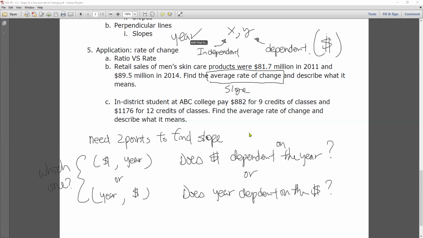So we're going to be looking at the points using this format. Okay, so here are our 2 points. We have 2011, comma, 81.7 million. I'm not gonna write down all the zeros. And we're gonna have 2014 and 89.5.